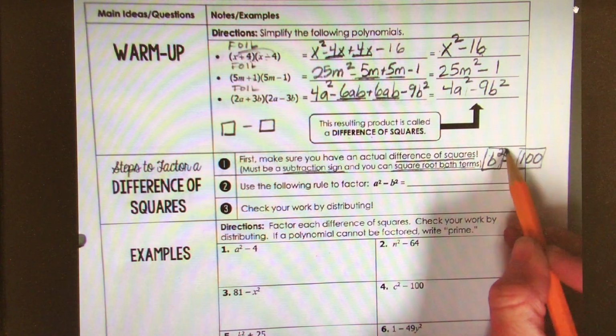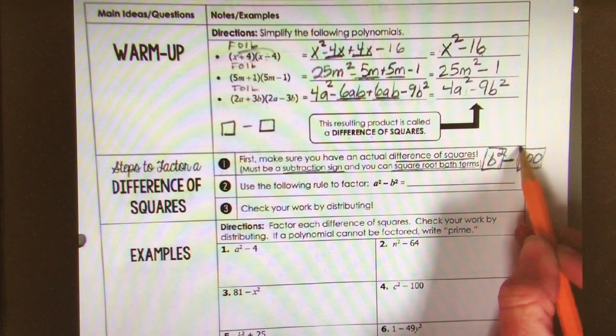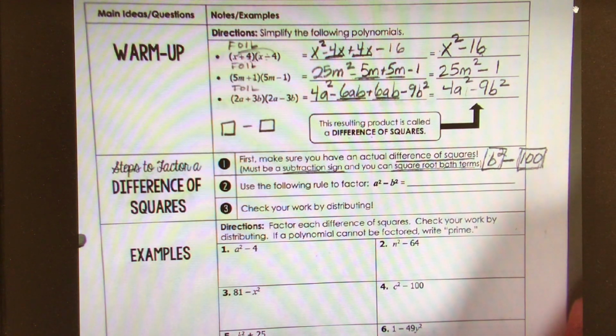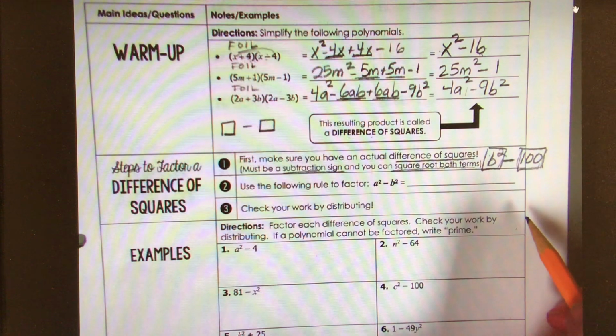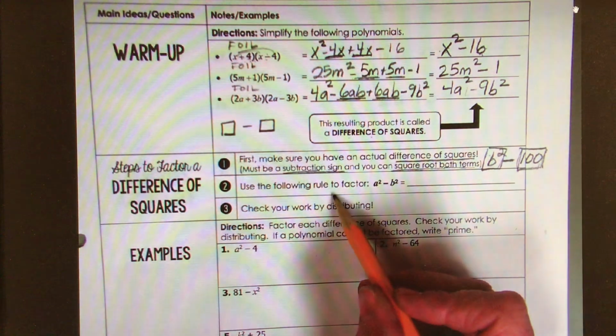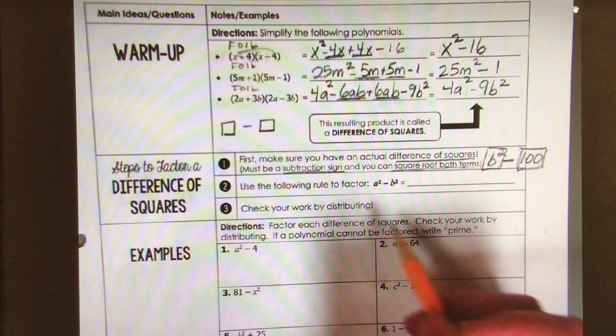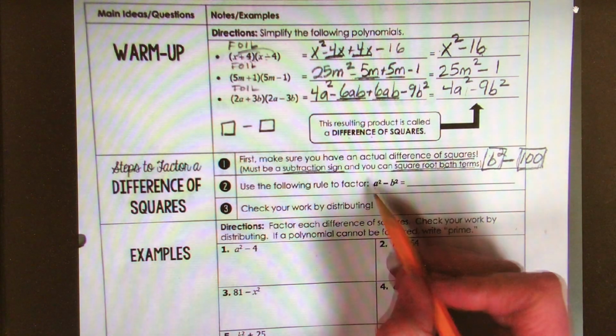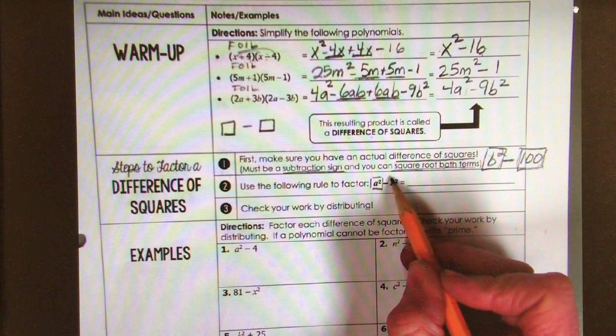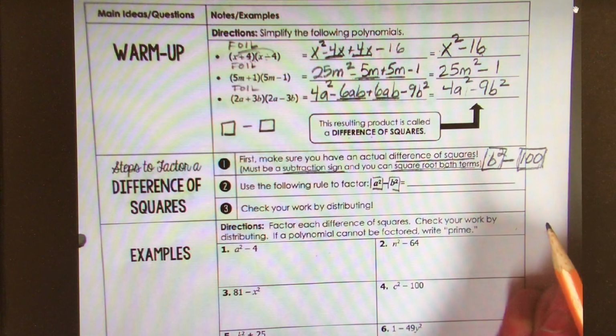If it helps you to draw a little square around, for some people who like the visuals, you can do it. Use the following rule to factor. So again, a squared minus b squared equals, well, if I think about that, that's a square number, and that's a square number.